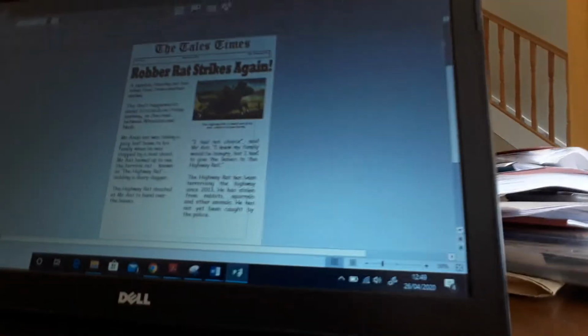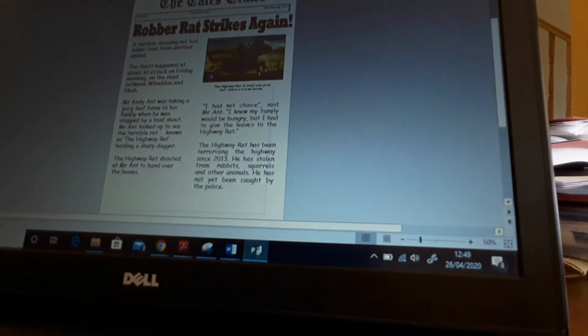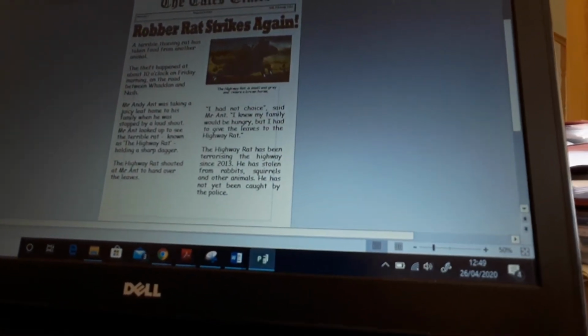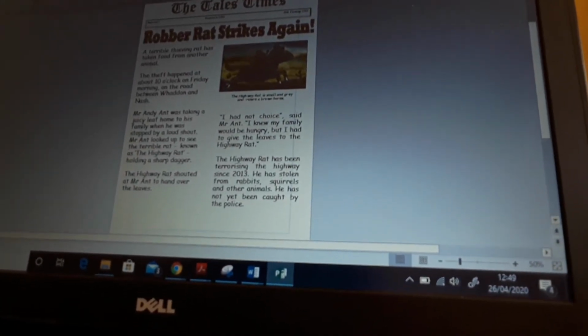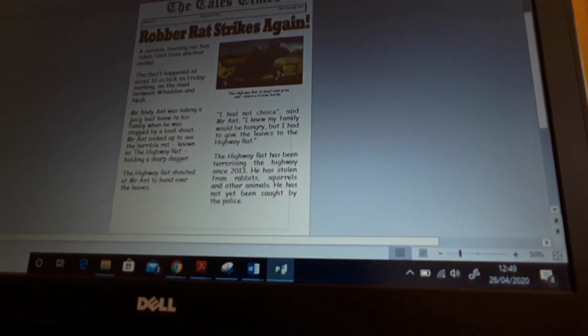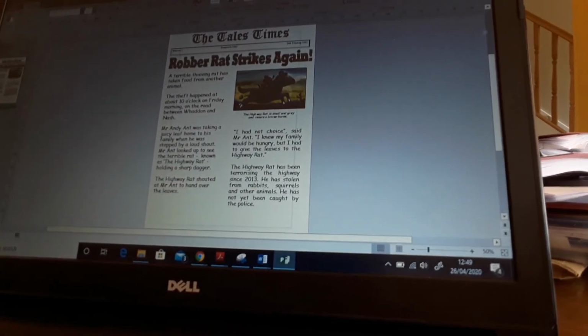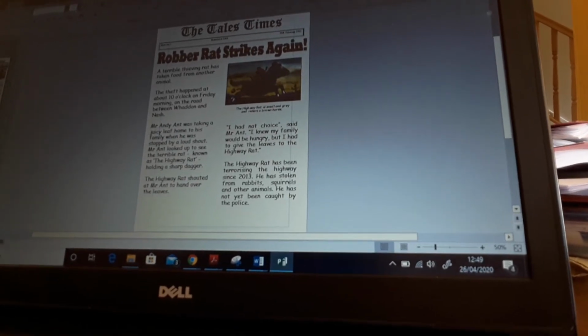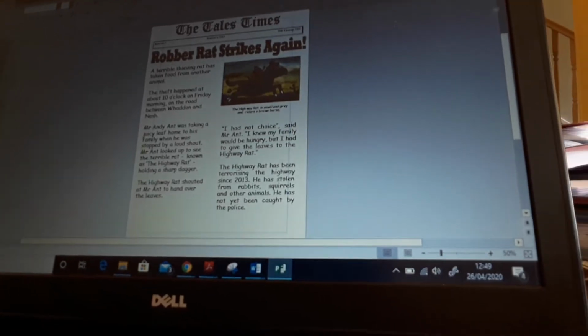Robber Rat strikes again. A terrible thieving rat has taken food from another animal. The theft happened at about 10 o'clock on Friday morning on the road between Wadden and Nash. Mr. Andy Ant was taking a juicy leaf home to his family when he was stopped by a loud shout.